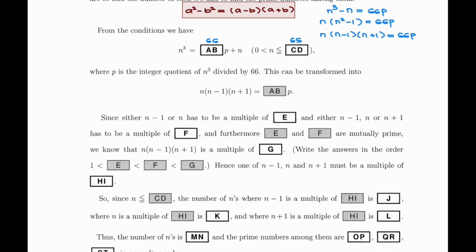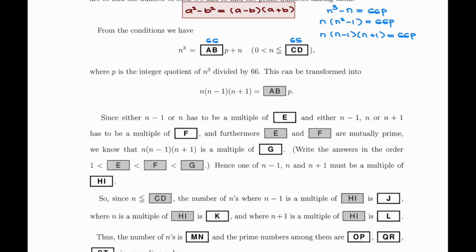Next, since either n minus 1 or n has to be a multiple of blah blah blah, and either n minus 1, n or n plus 1 has to be a multiple of blah blah blah, I will stop here. I will find E and F first, and after that we will continue to read the question.